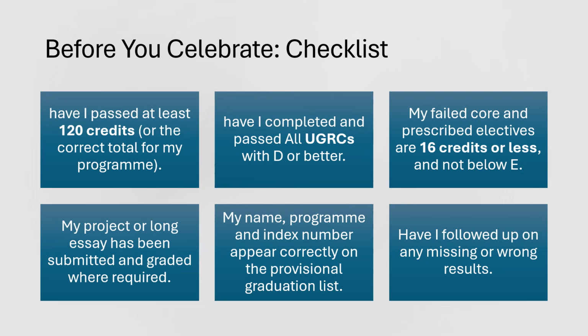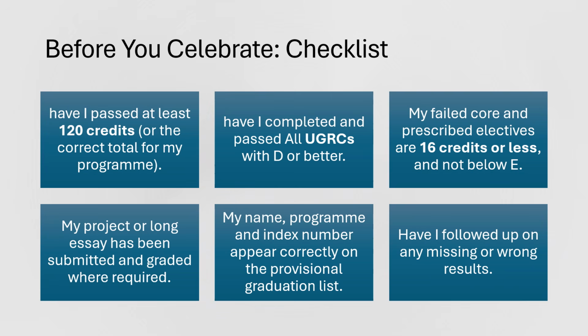So before you celebrate, I would admonish you to ask yourself: have I passed at least 120 credits or the correct total for my program? Have I completed and passed all UGRCs with D or a better grade? I also add that you must not have failed your research course; it's very important.